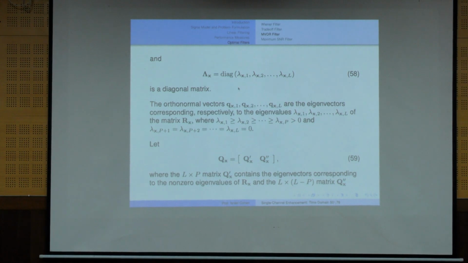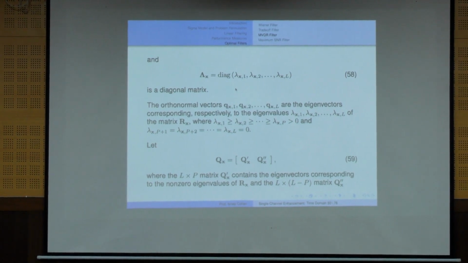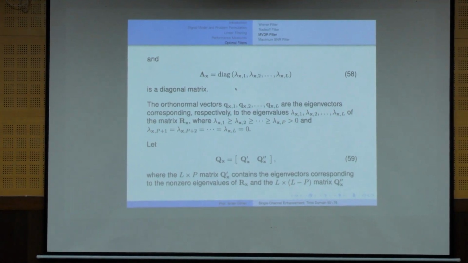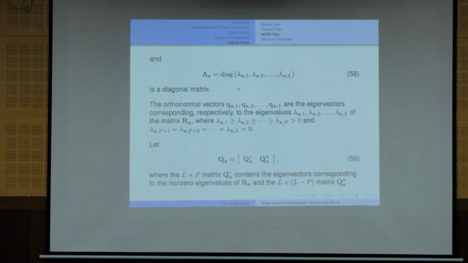If P is smaller, can we reduce more noise or less noise? What is the effect of P? Exactly. So if P is smaller, it means that the noise-only subspace is larger.